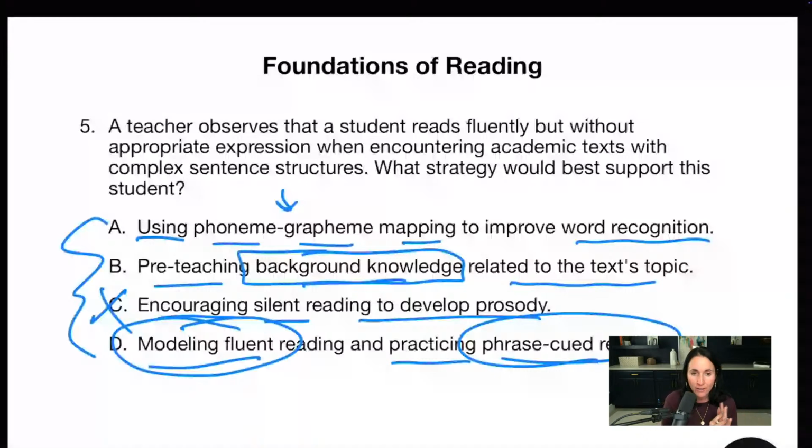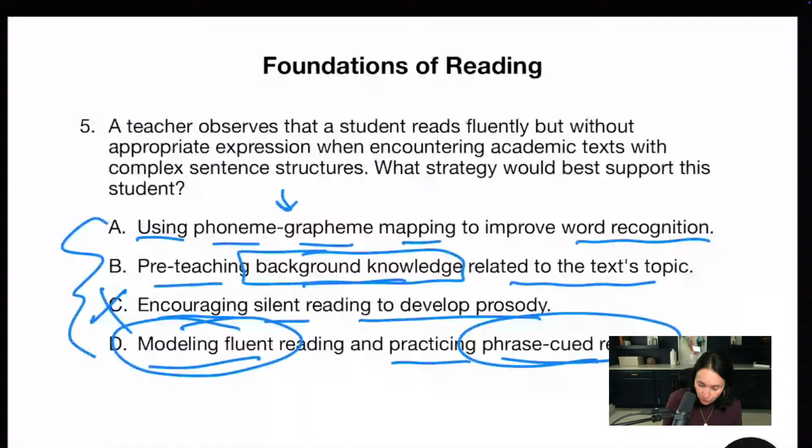Those of you who have had really amazing kindergarten teachers and first grade teachers who read stories to you, you know how they have the best inflection in their voice. My mother was a kindergarten teacher. That woman can read a story like you wouldn't believe. And that's what you want. You want to model the pausing at commas, the stopping at periods, the inflection in your voice when you get to an exclamation point or a question mark.